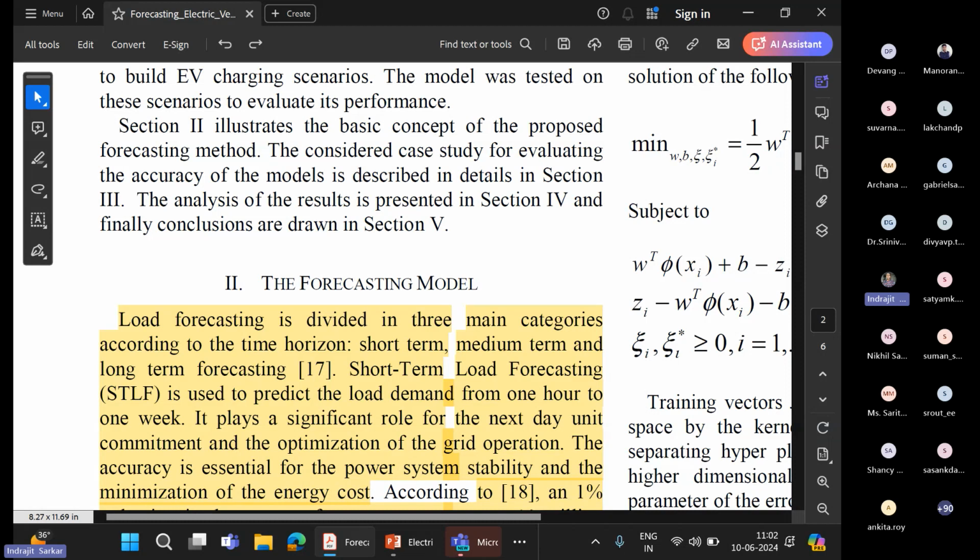If that forecasting is available with the utility company, it becomes easier for them to be prepared. Even 1 hour is sufficient. They can prepare themselves and supply that amount of load.